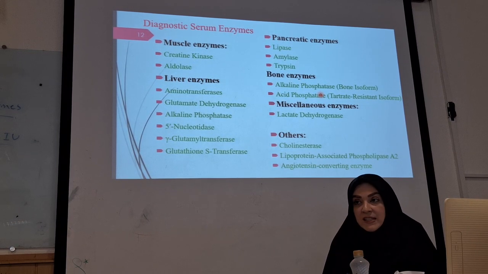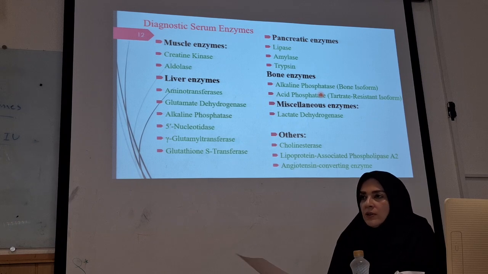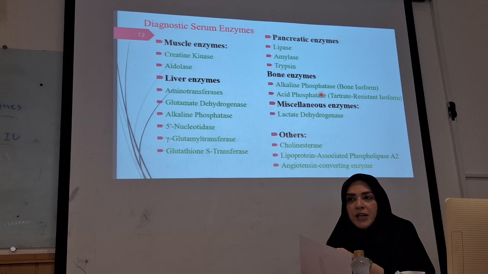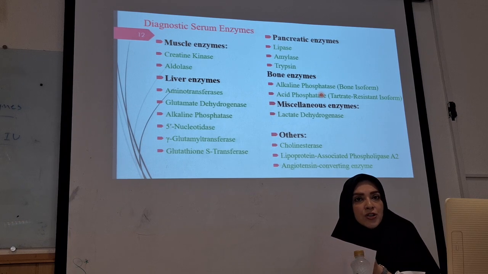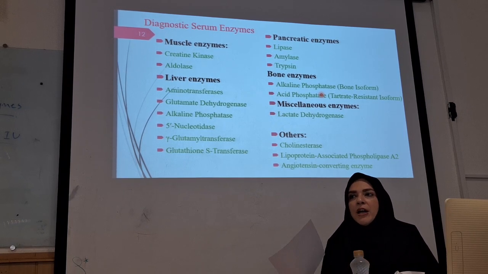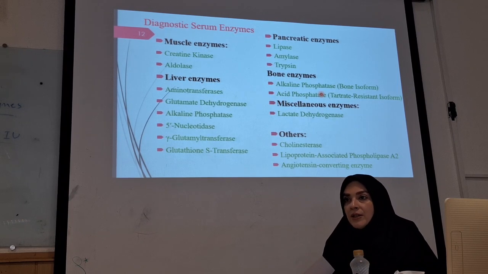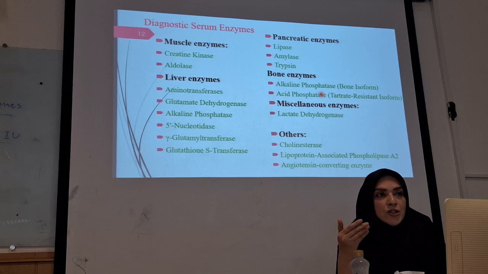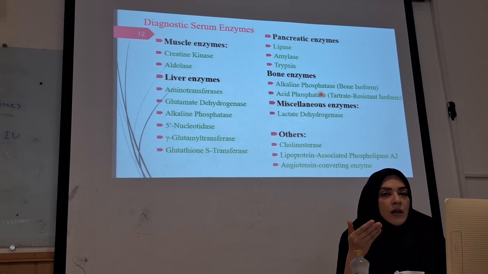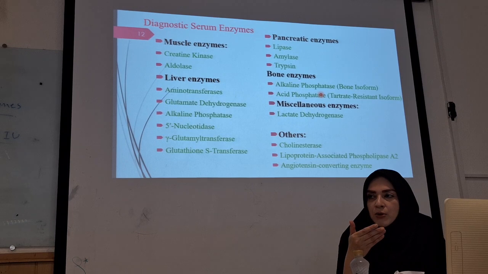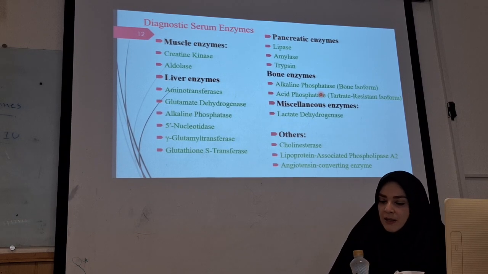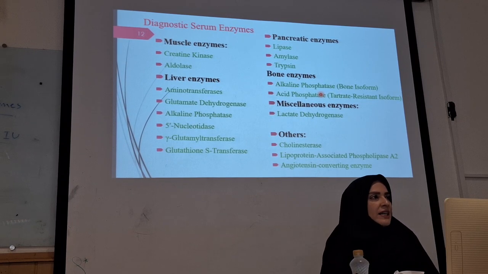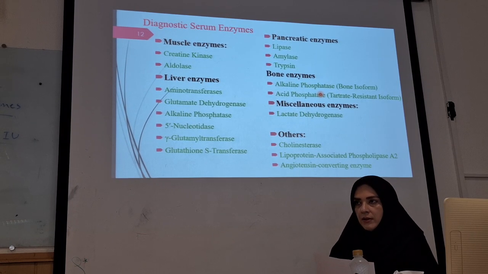So as a physician, if you only have a result and you don't have any information about the age of your patient, maybe you think that your patient has some problem with the bone, okay? For example, if you have information about the age or demographic information about your patient, if you know he or she is 11 or 12 years old, you can interpret it as a normal result.